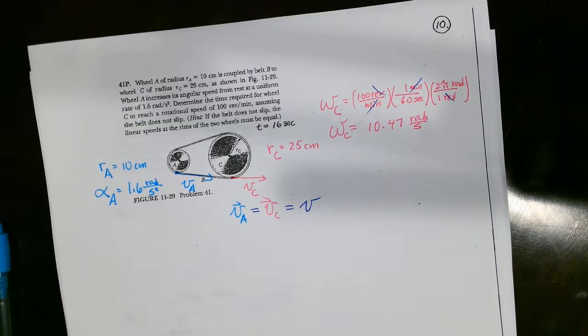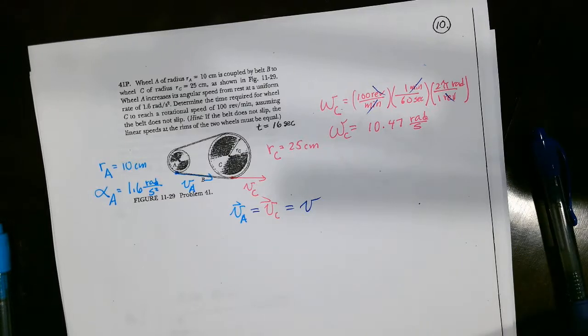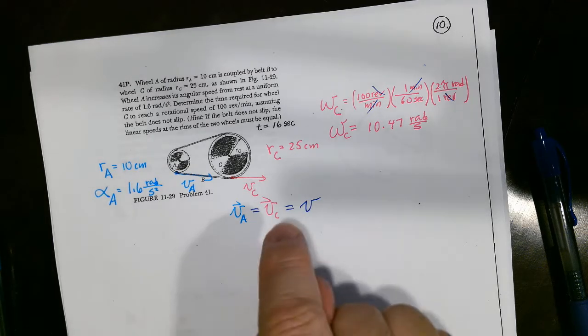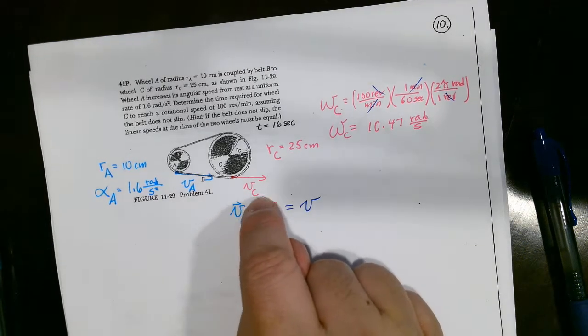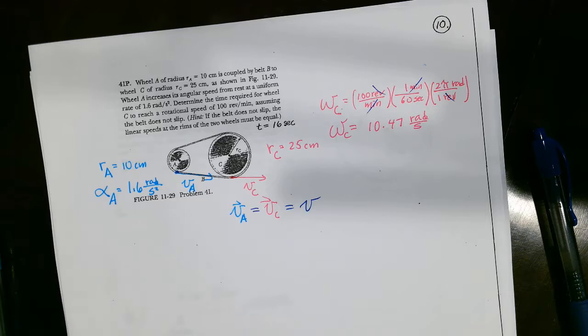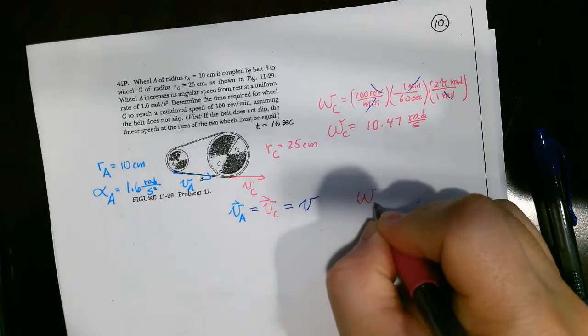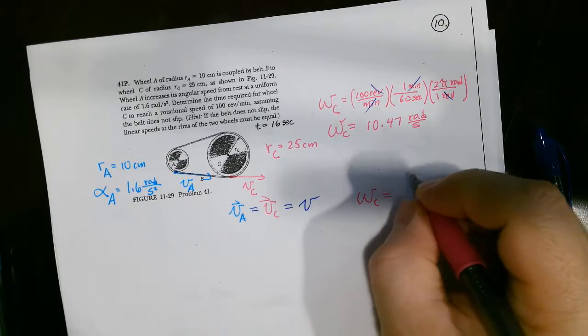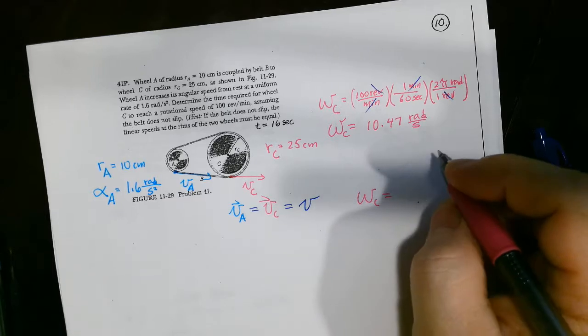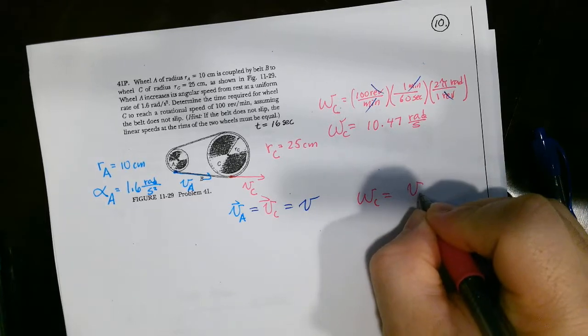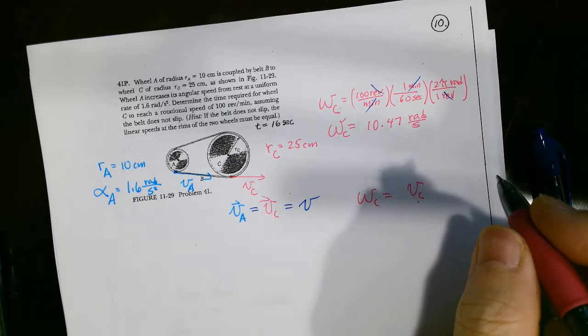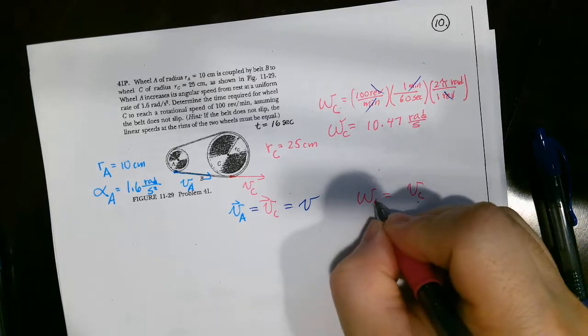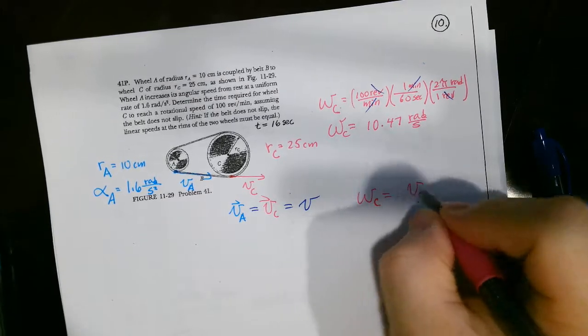Okay? So, how fast is it turning? What is this V at C? Well, we know V at C is equal to omega R, right?